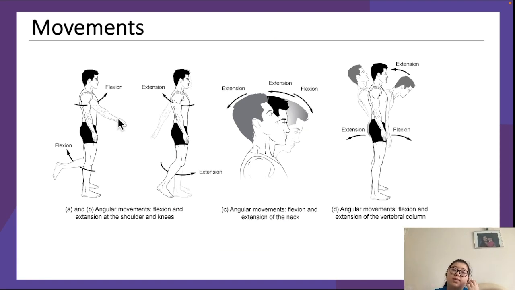But each of the joints will have a different set of movements. So for example, in your elbow, because of the way that the joints are connected, you're not going to be able to supinate and pronate. Oh, sorry, you're not going to be able to abduct and adduct, right? Because your joint simply does not go that way.